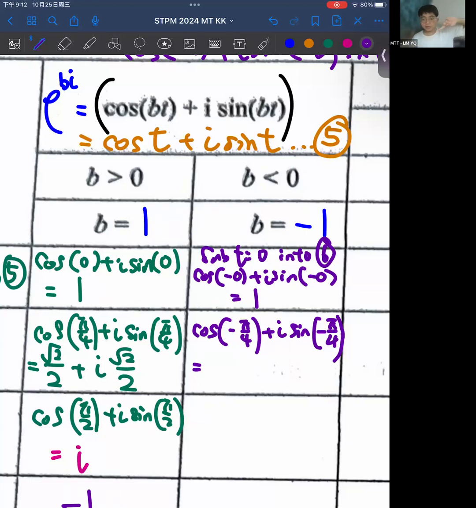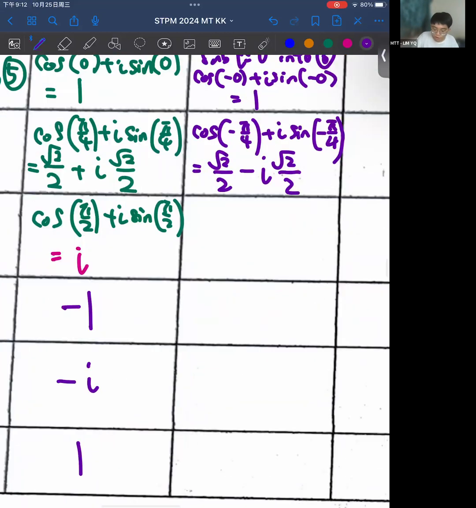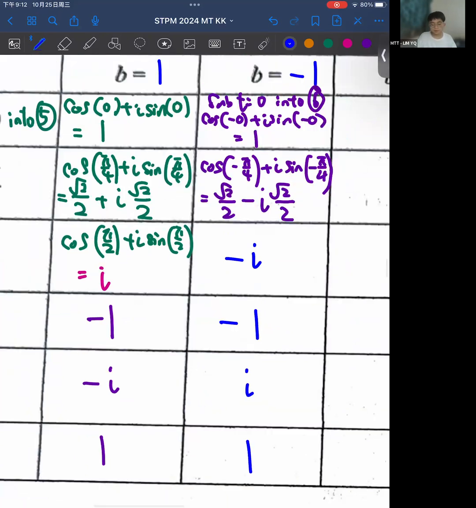The cos one is positive, so positive square root 2 over 2 minus i square root 2 over 2. The y value is changing. Try to do the rest of it. I think this one is negative i. This is negative 1. This is positive i. This is positive 1.